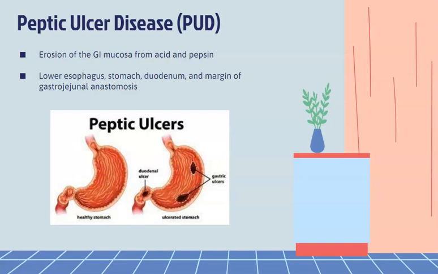There are gastric ulcers and duodenal ulcers being the main two that we are going to focus on. Esophageal ulcers can also be classified as a peptic ulcer, but it would really more so depend on the location in the esophagus. So for our purposes, we are focusing on gastric and duodenal ulcers only.